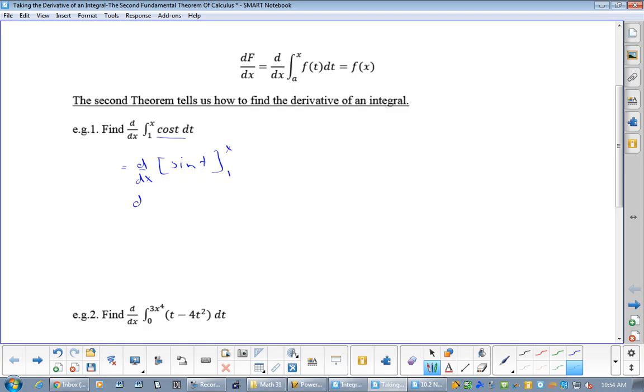So we're going to do the derivative of sine x minus sine 1. Okay, what's the derivative of sine x? It's cos x. What's the derivative of sine 1? 0, right?